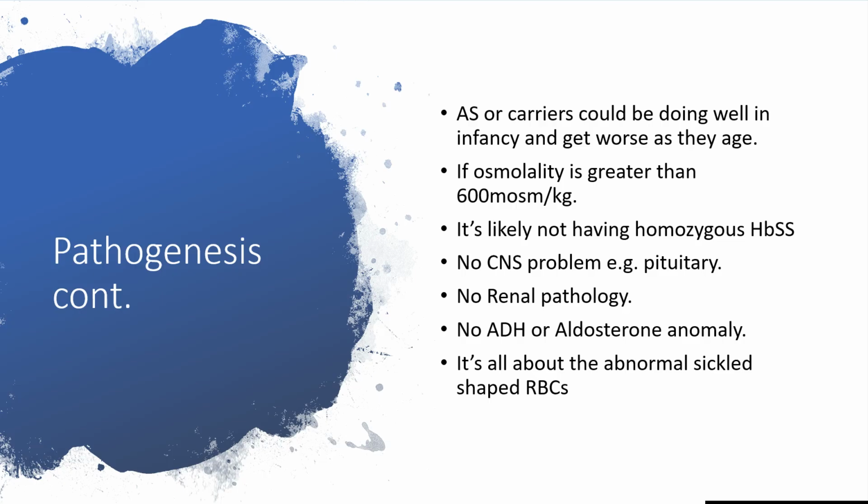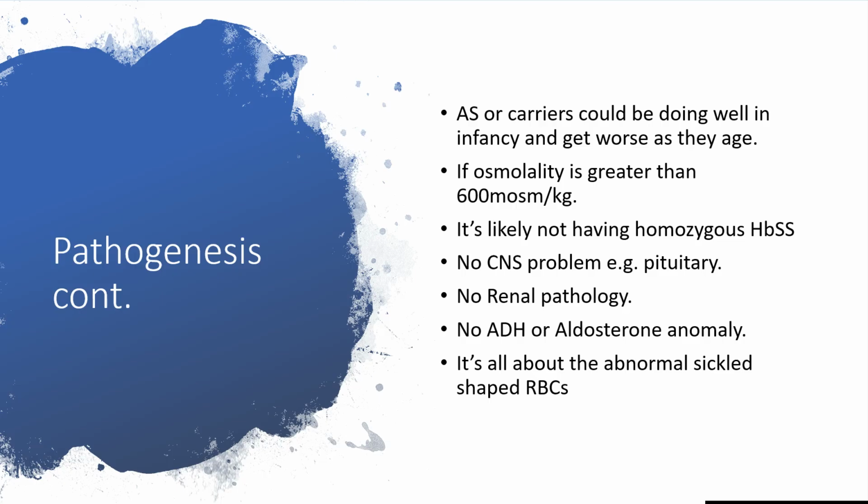If you are confused whether this person has hemoglobin SS, that is sickle cell disease, or AS, and you check osmolarity and get 600 milliosmoles per kilogram, you can bet your license that this person, if the lab has done a good job, with no mixing up of samples, and the person who read the report read it accurately, is not a sickle cell disease patient.